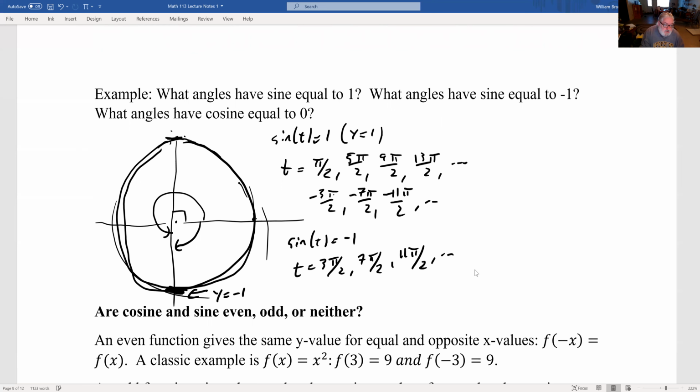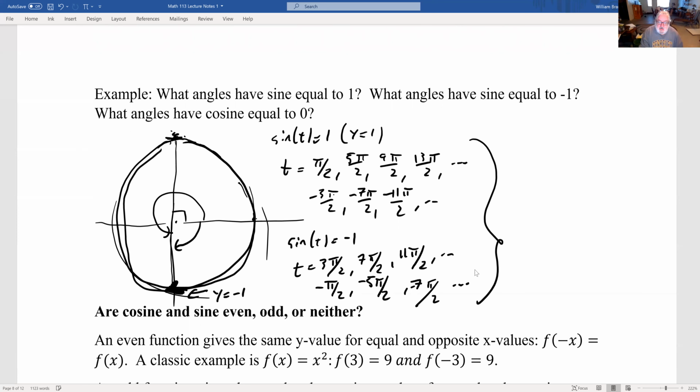Or you could go this way, that would be minus pi over 2, and then minus 5 pi over 2, minus 7 pi over 2, and so on. Great. So when sine is equal to 1 or -1, my x-coordinate is 0.